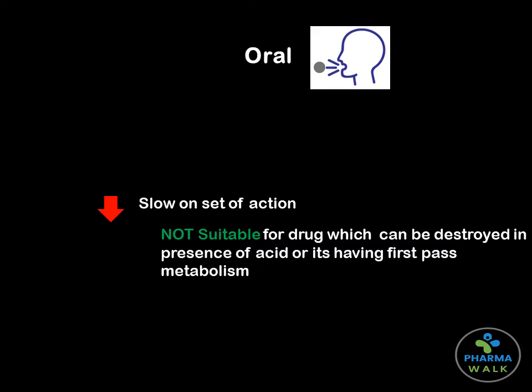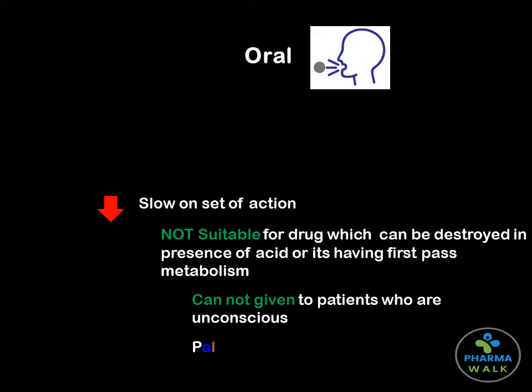So drug which having the high first pass metabolism cannot be given via this route. Then cannot be given to the patient who are unconscious. जो बेहोश है, the oral route of drug administration is not possible. So even though it's a simple, convenient, painless procedure, but these are some demerits of the oral route of drug administration. And also palatability of drug, the taste of the drug, it's very important.